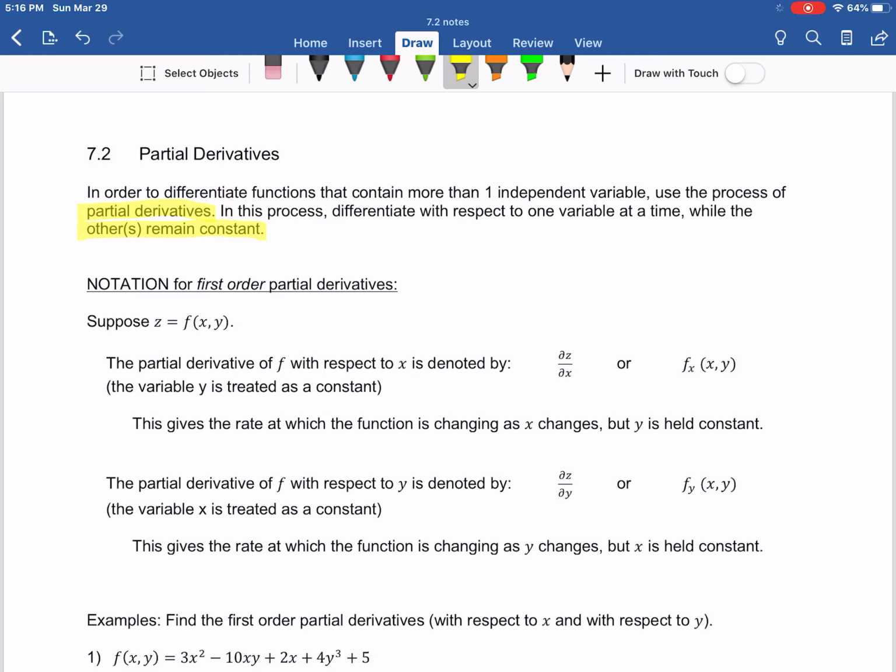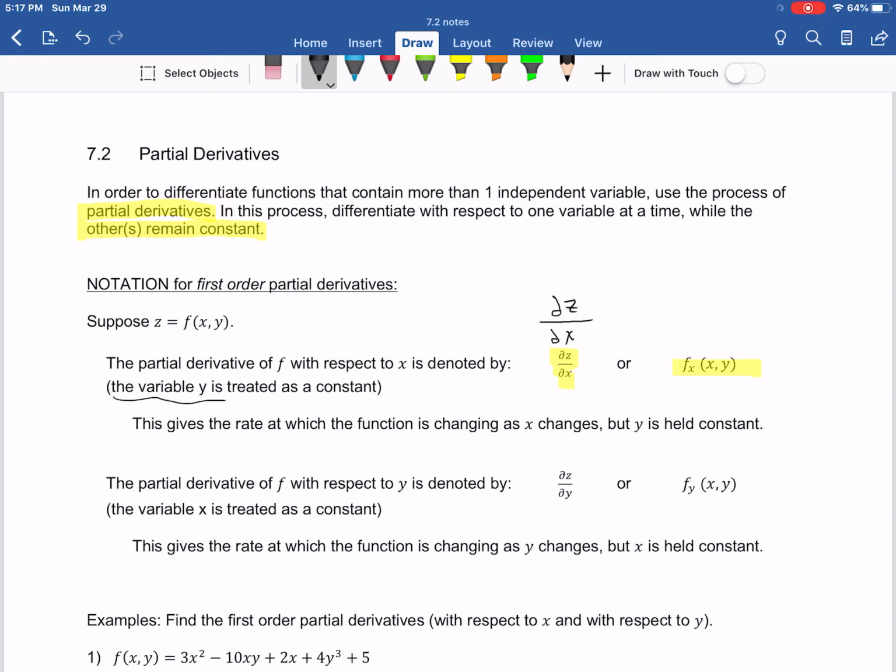The partial derivative of f with respect to x is denoted by this little funky symbol here, also known as this notation over here. This is your partial differentiation symbol of the variable z, that's your function's name, with respect to x, which means that all other variables besides x are treated as constants.